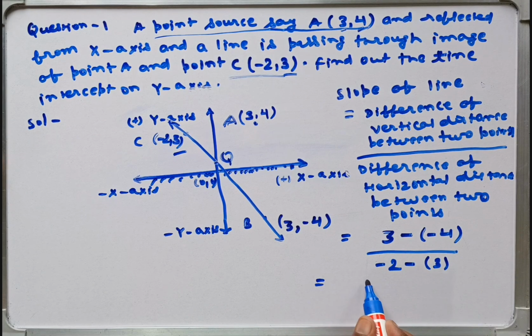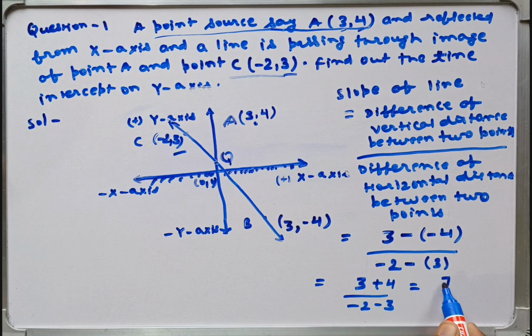So what you get here is 3 plus 4 over -2 minus 3, which is 7 by -5. If we multiply numerator and denominator by -1, this becomes -7 over 5. So now you know the slope of the line.